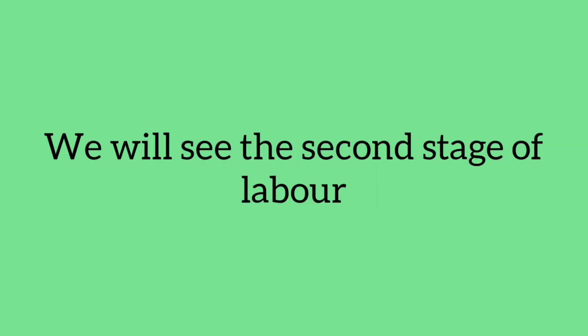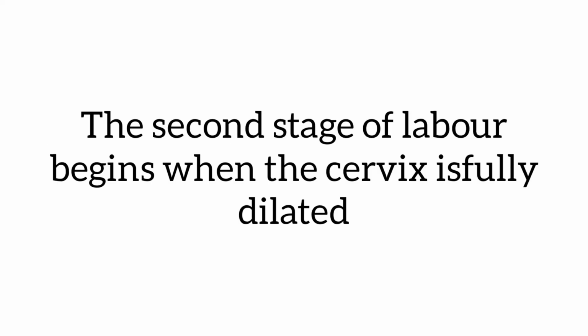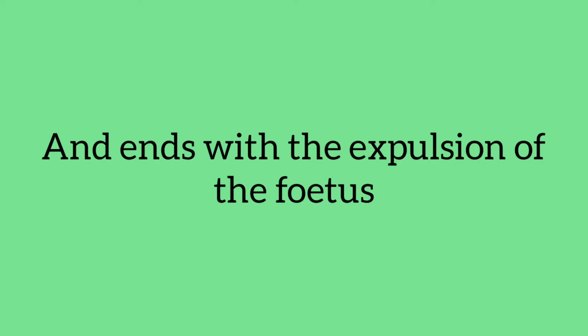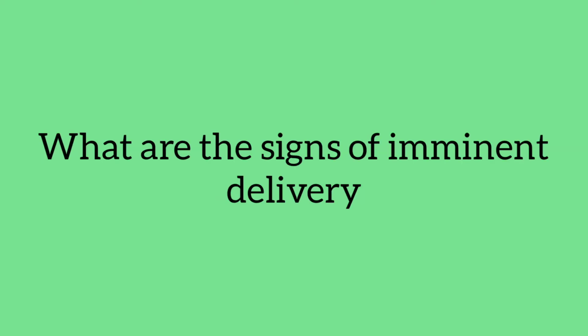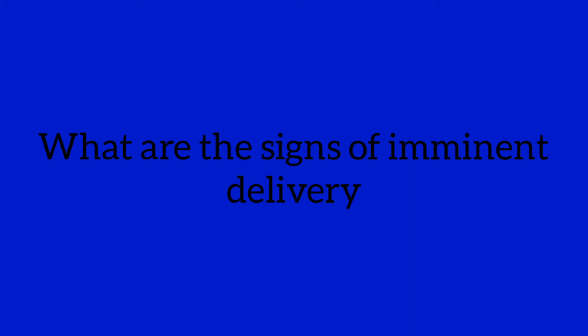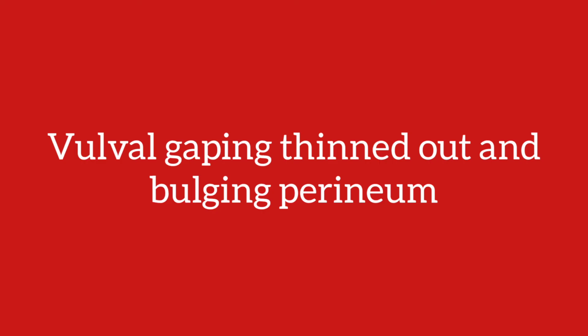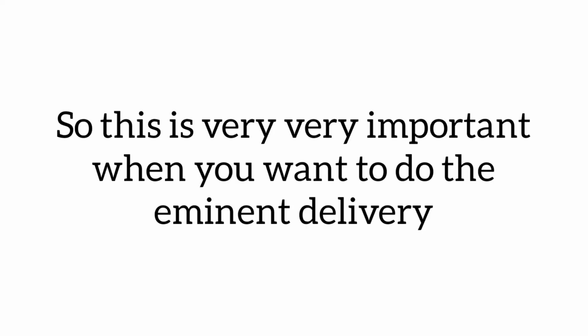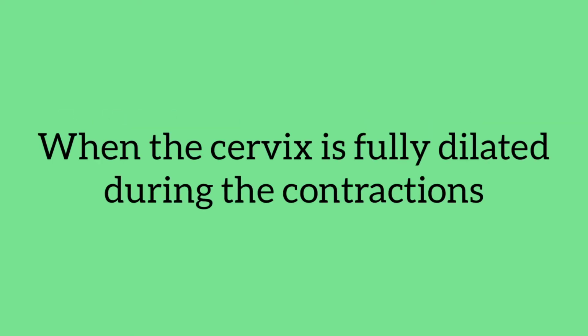Okay. The second stage of labor begins when the cervix is fully dilated and ends with the expulsion of the fetus. Okay. Next, what are the signs of imminent delivery? Vulval gaping, thinned out and bulging perineum, anal pouting, visibility of the baby's head at the vulva. So this is very important when you want to do the imminent delivery.